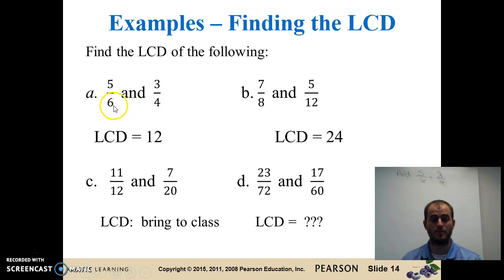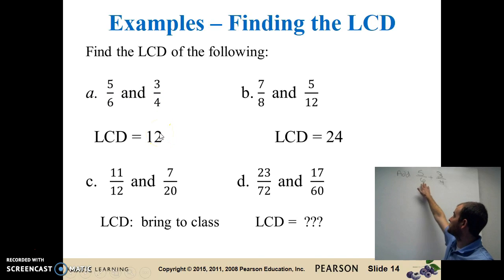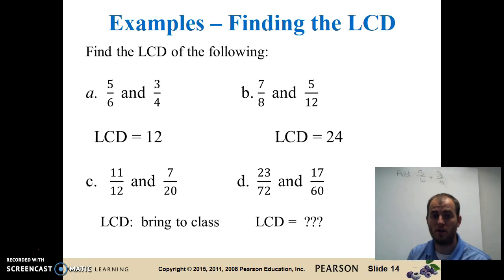So the least common denominator, the smallest number that we can make this so they both have the same denominator, or like fractions, is 12. Okay? So in order to add these fractions together, we would have to rewrite them with the common denominator of 12, because then they would be like fractions, and we could add them together. And this is what we're going to do in the next section, section 4.5.